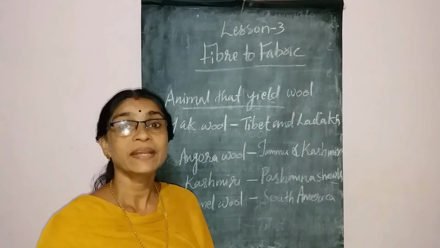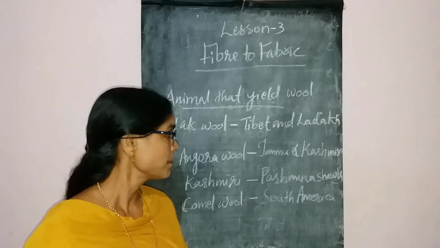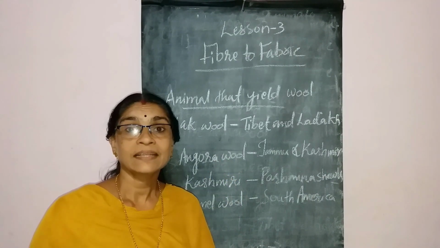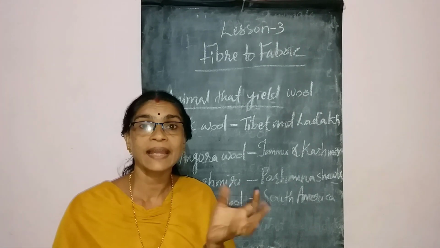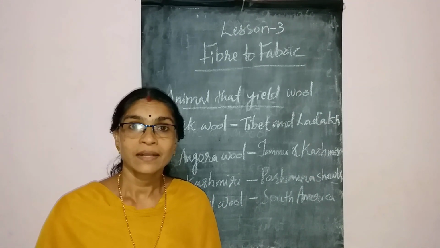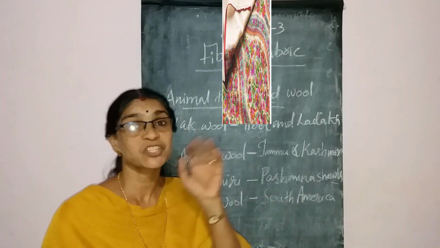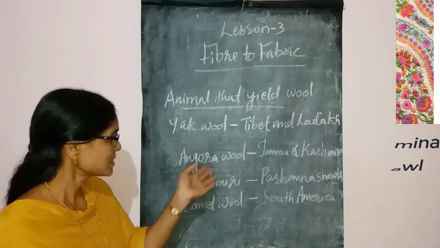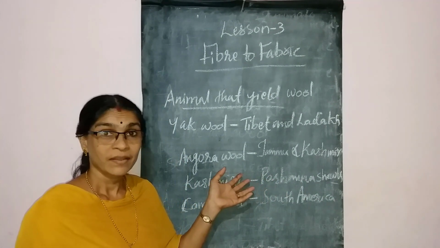Goats also provide us fur or hairs as wool. The Kashmiri goats we are seeing have fine hairs. That fine hair is used to make a special shawl, mainly called the Pashmina shawl. For making the Pashmina shawl, it is used in Kashmir. The Pashmina shawl is very famous.